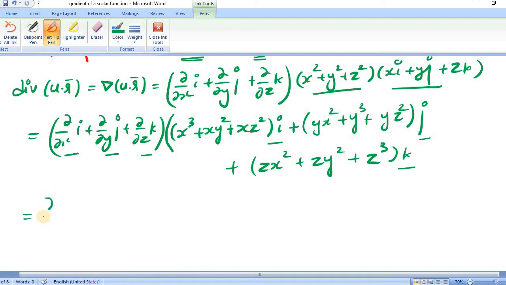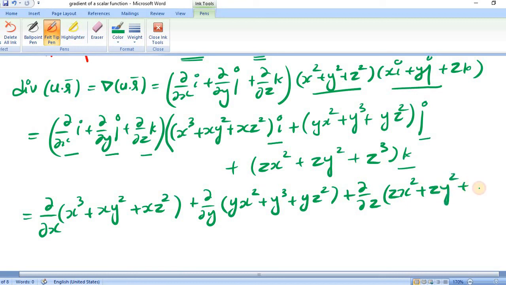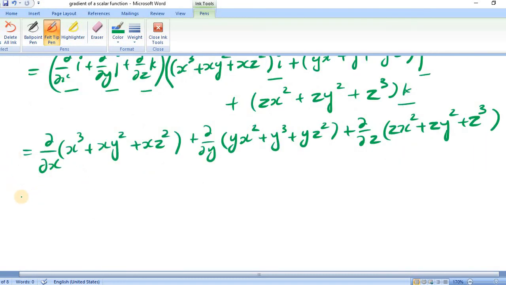So this will result in del upon del x, x cube plus xy square plus xz square, and as we all know, i dot i is 1, plus next one will be del upon del y, and this will be yx square plus y cube plus yz square, and as we know, j dot j is again 1, and the last term, this is del upon del z, and this will be zx square plus zy square plus z cube, right?